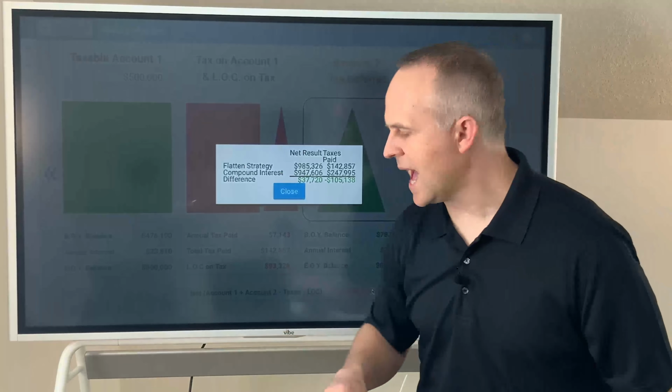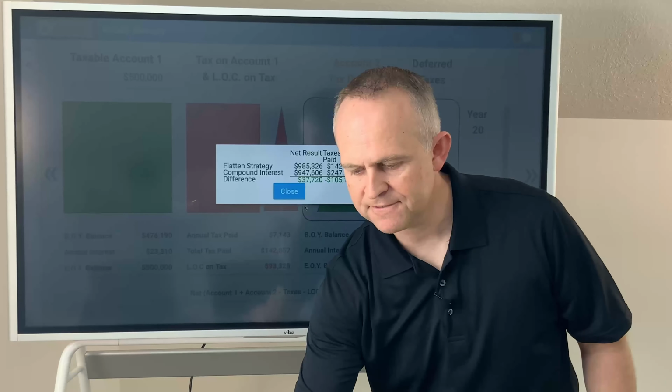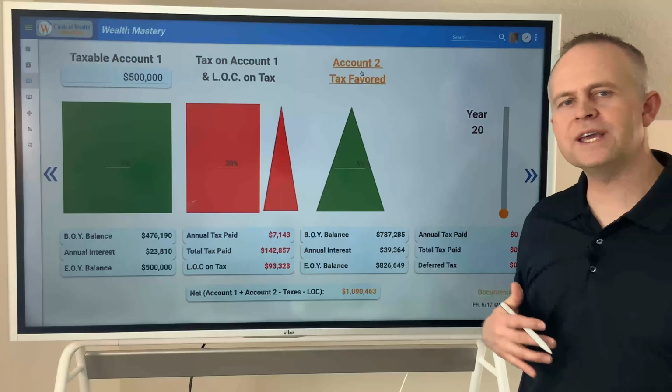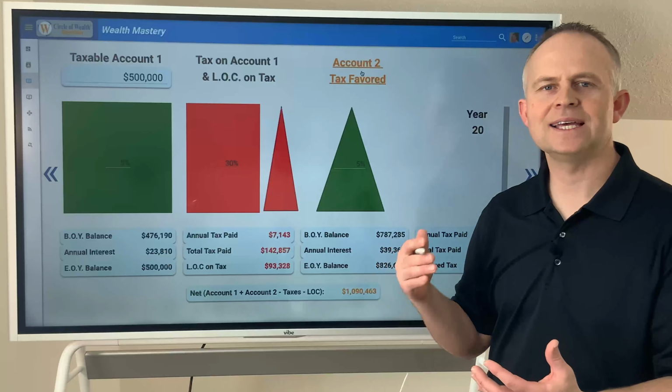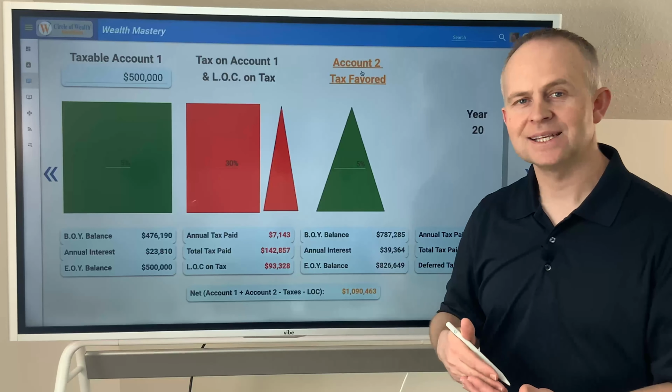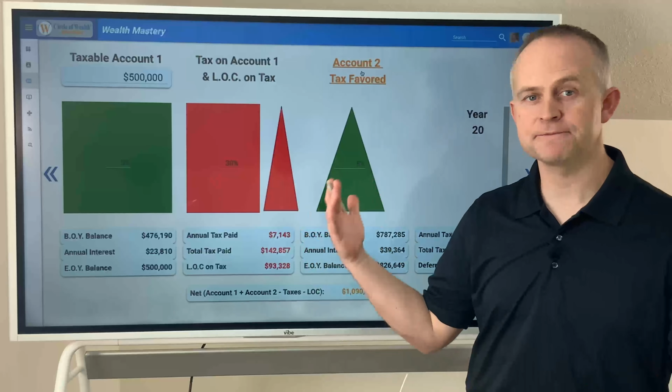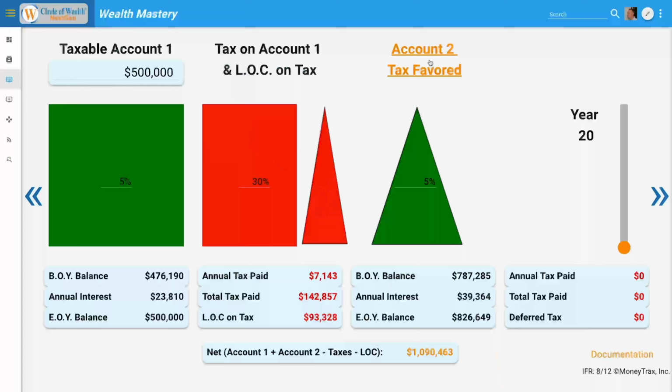Now, let's look at the tax favored vehicle. A tax favored vehicle means that you're moving it into an account that is not going to be taxed in the future. So we're not deferring the taxes. It's just going to grow tax-free or tax-favored, right? We still have the same situation over here on the left.